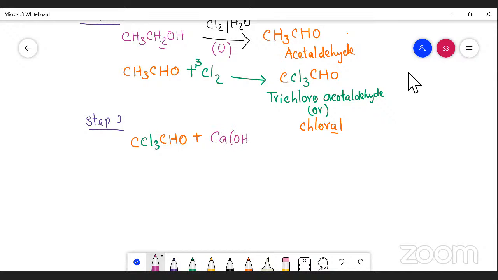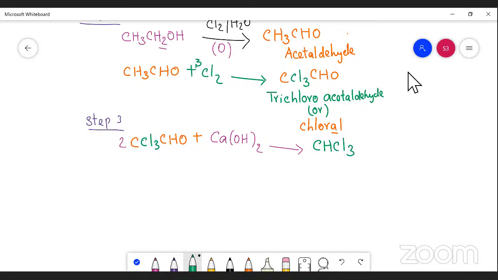Reacted with Ca(OH)2. Then what will happen? Now we may get chloroform. We are taking 2 molecules here, and what is the chloroform? CHCl3, that is chloroform.